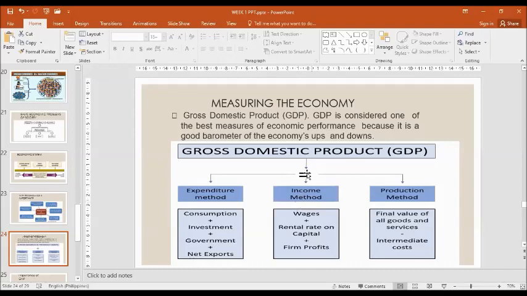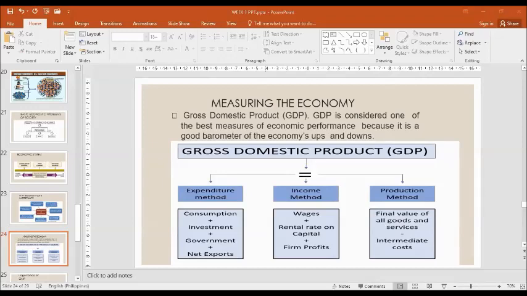Another computation for GDP using the income method is wages plus the rental rate on capital plus firm profit. In terms of the production method, it involves the final value of all goods and services minus intermediate cost.